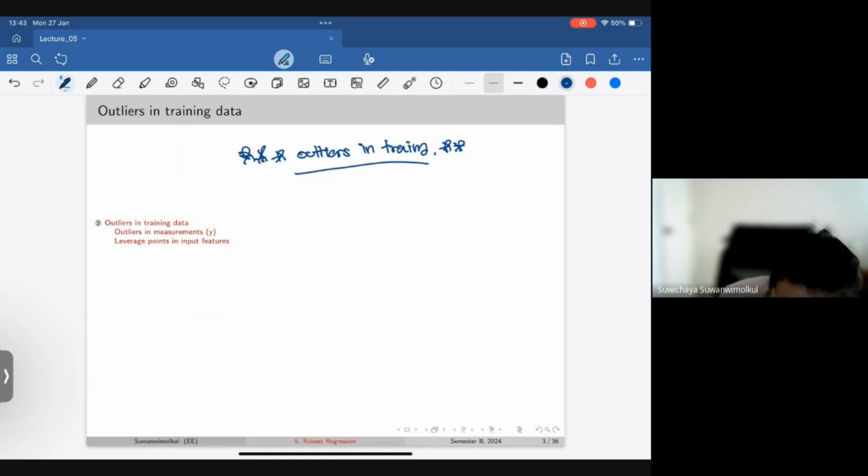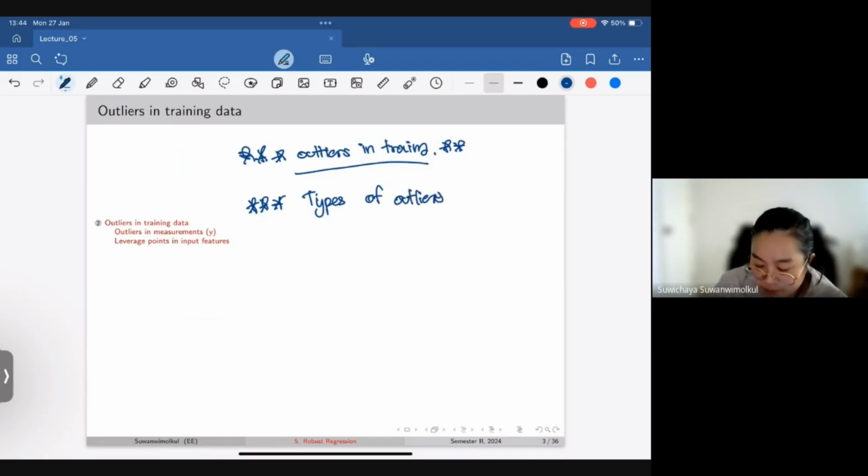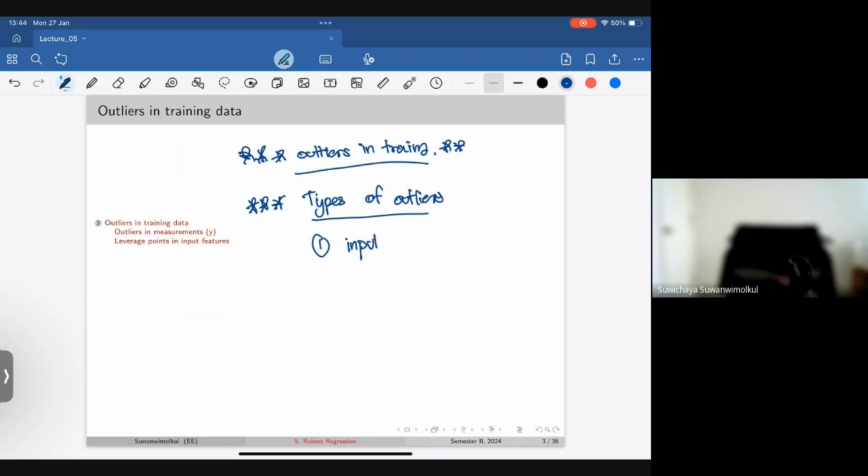And secondly, the types of outliers. There are actually two types that we will cover in this lecture. The first one is the type of outliers in our input feature, and usually we call it the bad leverage point.